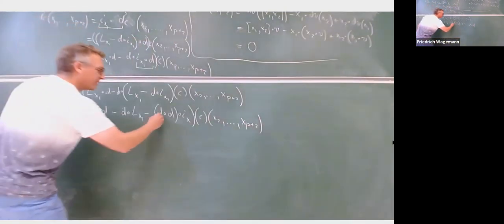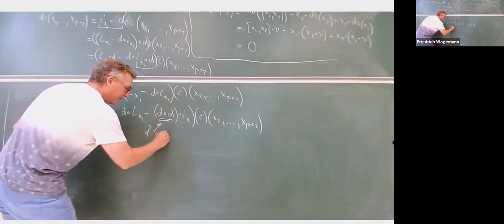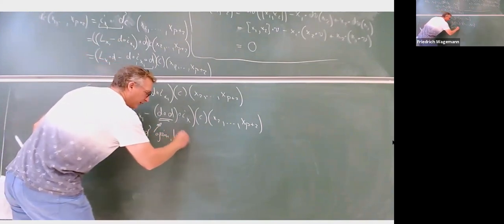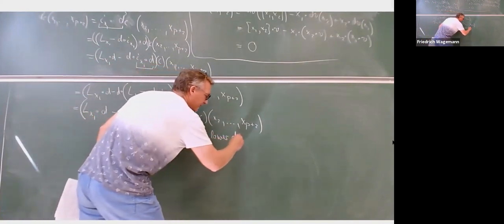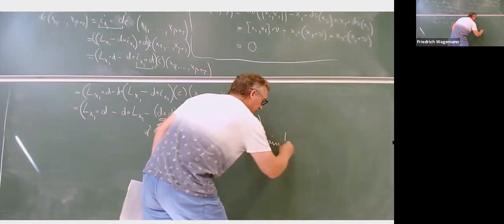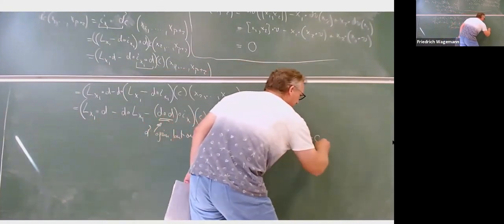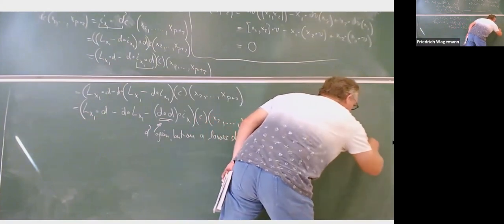Yeah, this is d squared again, but on a lower degree cochain. So this gives 0 by induction hypothesis.